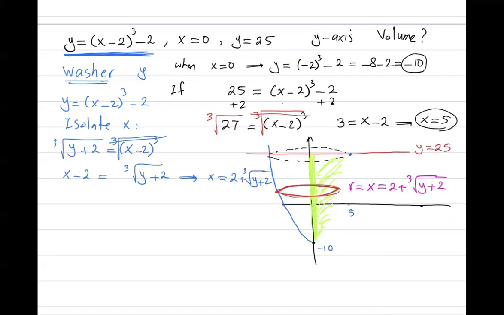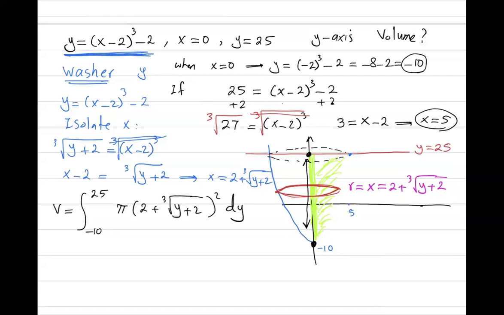There we go. So the volume can be calculated, and it's in terms of y. y ranges between -10 and 25. That's how your y is changing. So from -10 to 25 of pi r squared, and this is your r, which is 2 plus the third root of y plus 2, to the second power, dy.